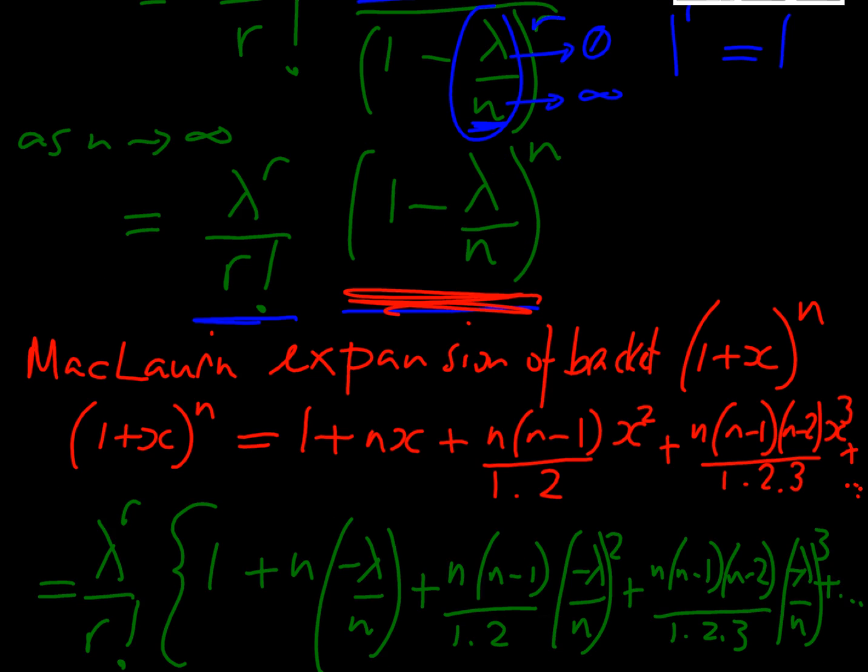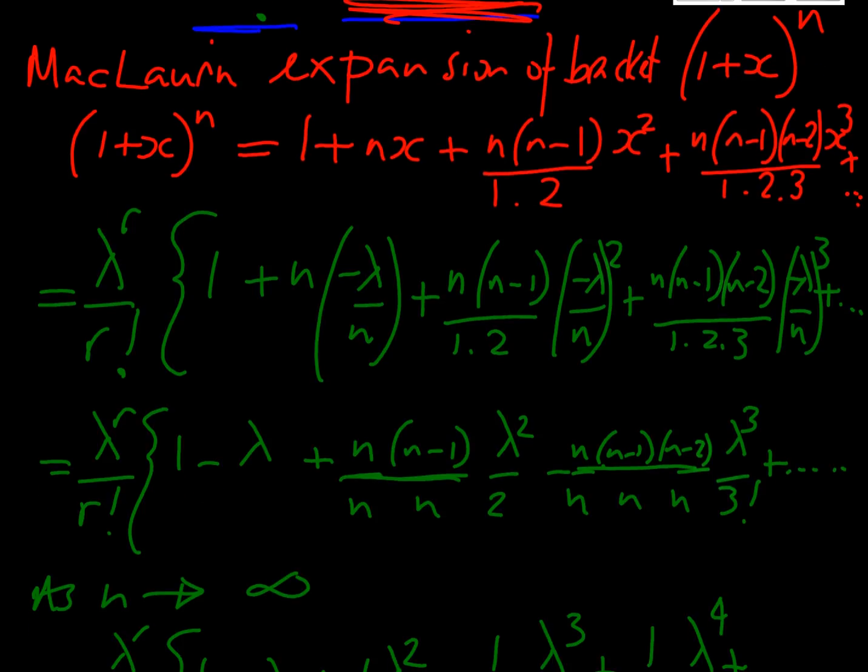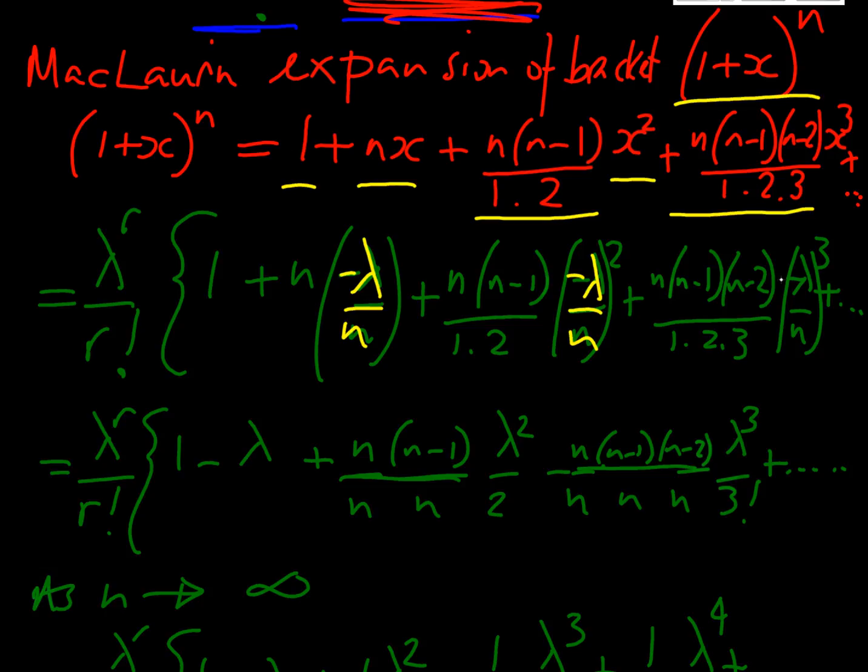If we look at a Maclaurin expansion for (1 plus x) to the n, we're going to find that it's 1 plus nx plus n(n minus 1) over 2 times x squared, and then n(n minus 1)(n minus 2) over 1 times 2 times 3, so that's 3 factorial, x cubed. So if we just sub in for x, minus lambda over n, that we've got in our expression here, then we can see what our pattern now looks like.